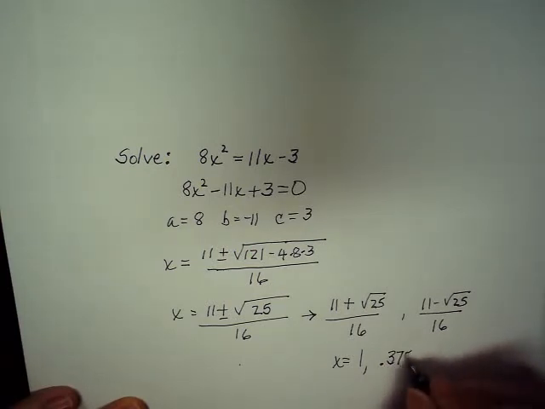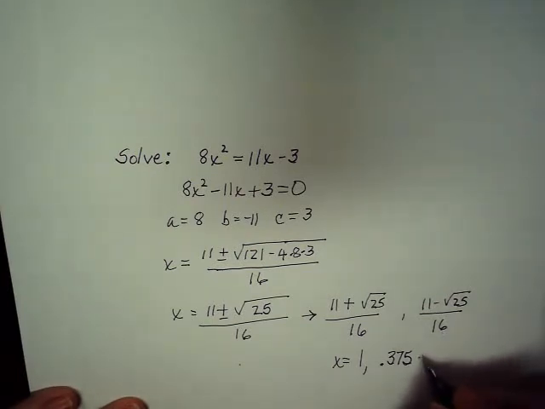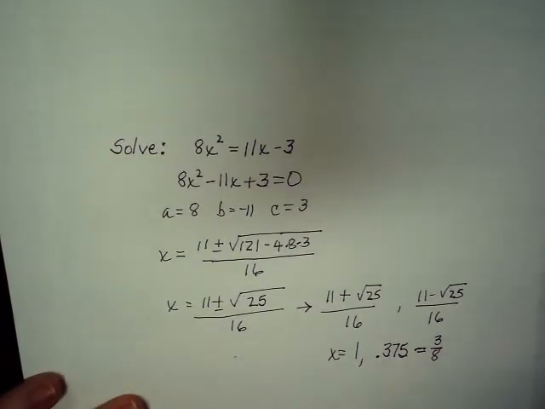So it's 0.375, which is 6 over 16, and if you divide them both by 2, that's the same as 3 over 8. So either one of these answers would be fine. So that's the basics of it, and then I'll answer questions when you guys come back. Thank you.